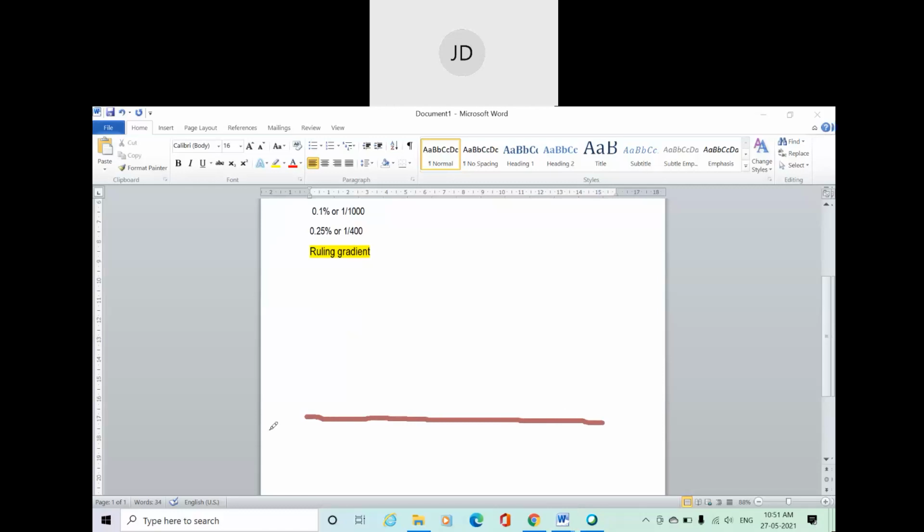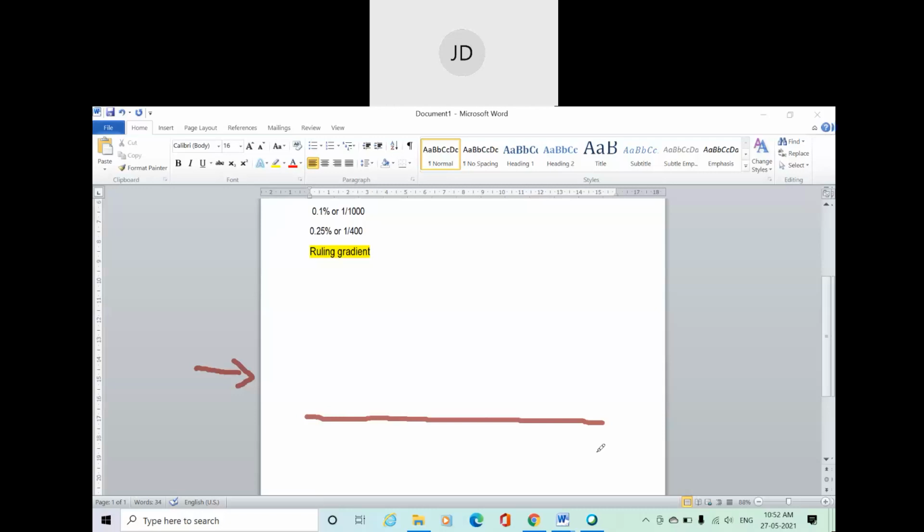Very horizontal. Now, we already discussed the gradient at the station yard. Suppose the train needs to move in this direction. This is the direction of movement, though the train can move along both directions. For understanding, let's assume it goes in this direction. This is a hypothetical horizontal line.